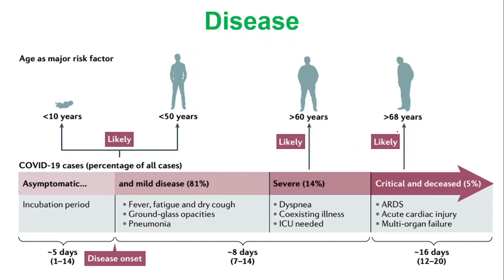Older people with other diseases show acute respiratory disease, acute cardiac injuries, and multiple organ failures. Around 5% of cases show severe symptoms.